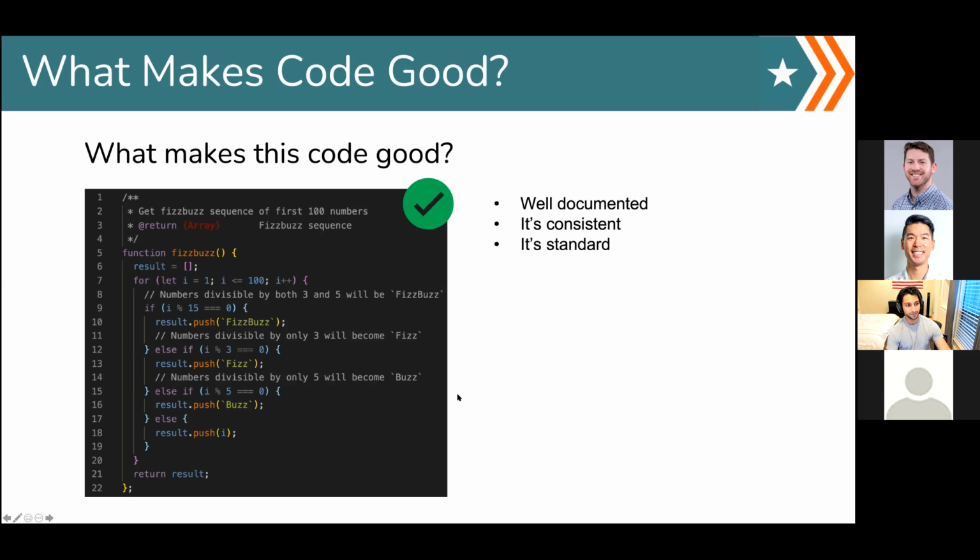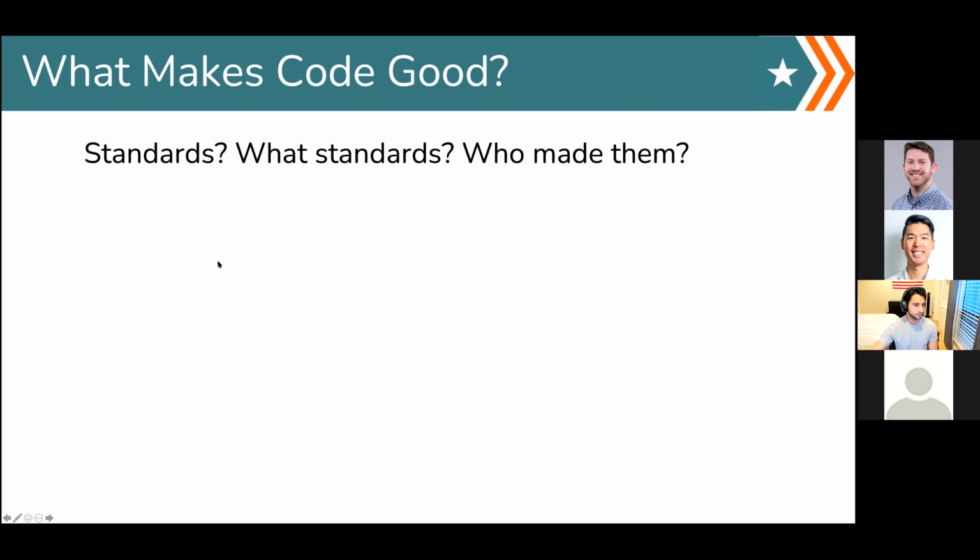And it's standard. Here we conform to the standards that JavaScript developers around the world all use. For example, we indent with 2 spaces, and we annotate our functions in a specific format. This matters because it makes sharing, building upon, and developing code as a community much easier. So earlier we heard Chad talking about Pythonic code or idiomatic Python code.